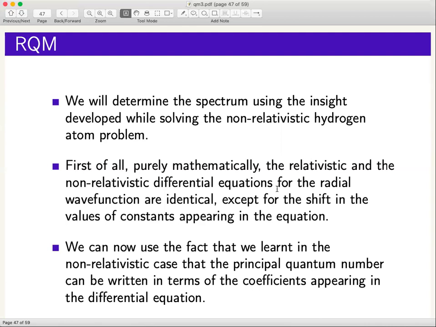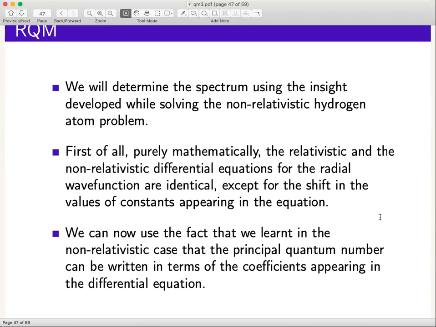Okay, fine. In a non-relativistic problem, we had learned one important thing, and that is that there is something called a principal quantum number, which is a kind of a sum of the radial quantum number and the orbital angular momentum quantum number. This principal quantum number is related to the coefficients that appear in the differential equation.